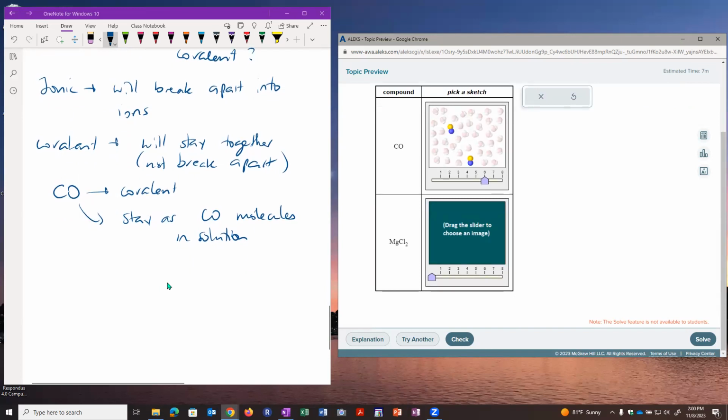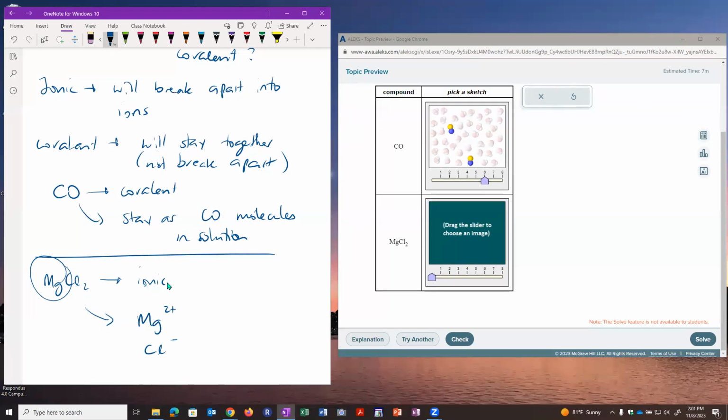If instead we're dealing with something like an ionic compound, like MgCl2, that's magnesium chloride, we can tell that it is ionic because usually once you see a metal in there, we can think ionic. So what are the ions that make up magnesium chloride? All right, so you need to remember now back from the bonding chapter that we have magnesium ions and then we also have chloride ions.